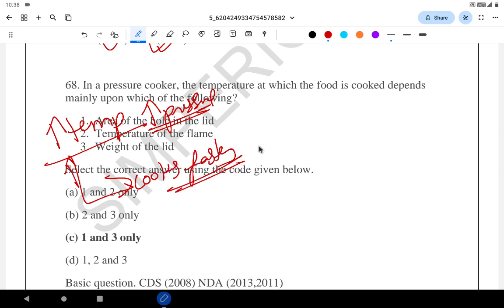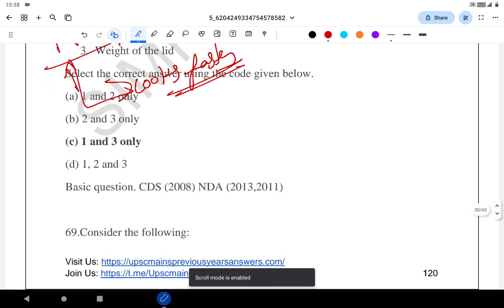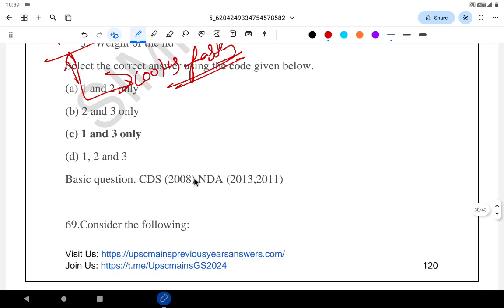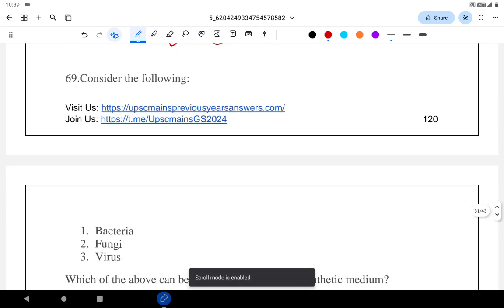That's the concept of pressure cookers. These questions were asked in 2008 in the CDS, and in the NDA two times, in 2013 and 2011. Let's move on to the next question.